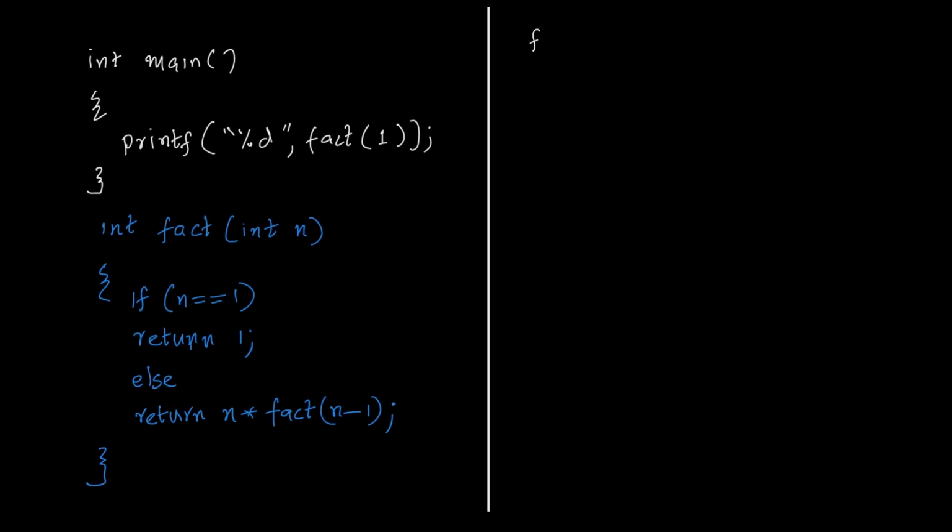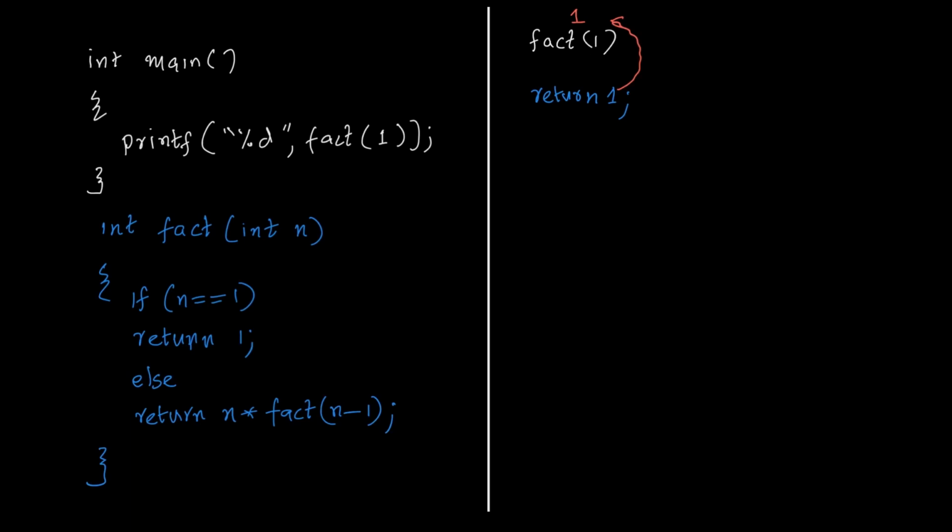So you make a function call fact(1), then what the function will return is return 1. Okay, and this 1 will be sent back to the place where it is called, and this now will be 1 and that will be printed.